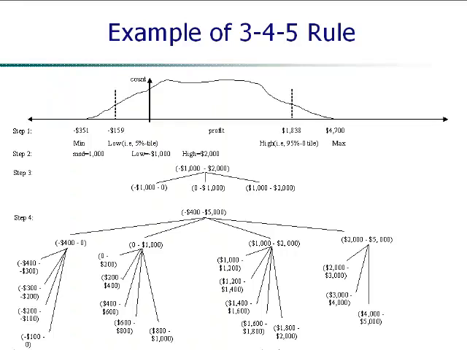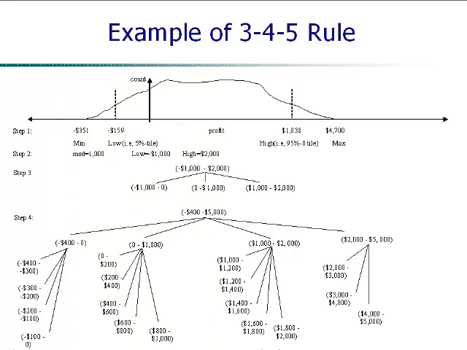Since the interval covers 3 distinct values at the most significant digit, the segment is partitioned into 3 equal width segments according to the 3-4-5 rule. The most significant digit is taken as $2 million minus minus $1 million, divided by $1 million, that is 2 plus 1, which is 3.